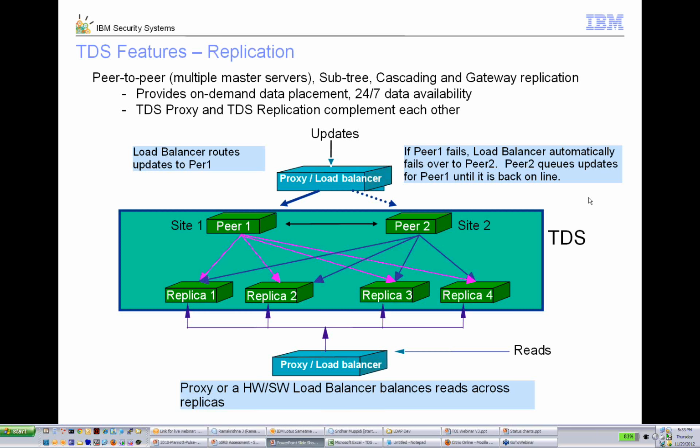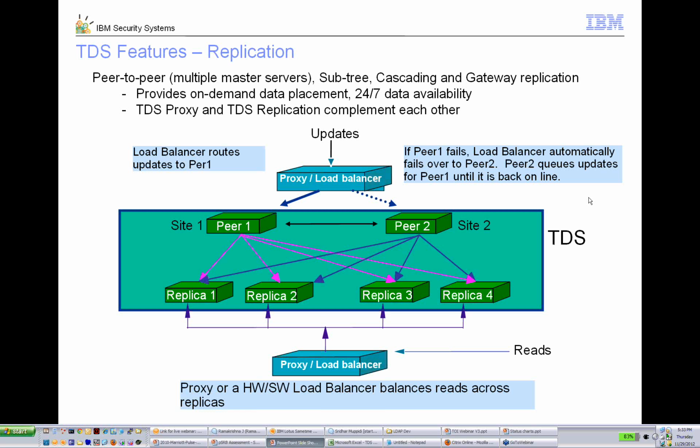So a typical replication topology, that is shown here on this slide, would typically consist of multiple peers which are writable servers, and each peer server can be replicating to a certain number of read-only replicas. All of these servers will have the same data. So the data synchronization is the key.